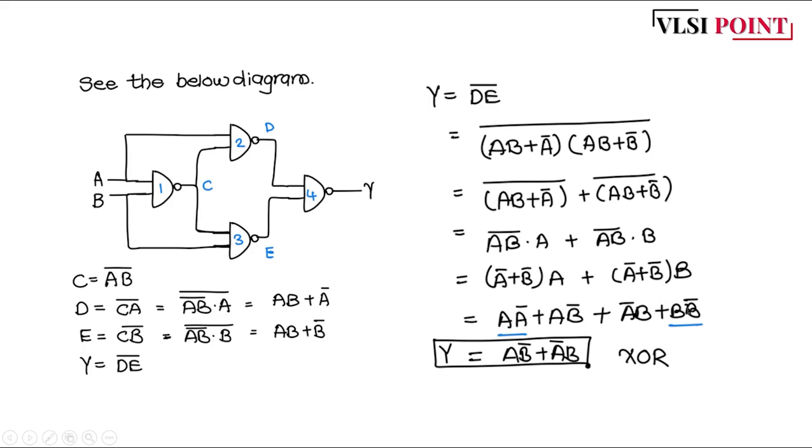B into B bar is the same. So what is left is A B bar plus A bar B. So Y equals AB bar plus A bar B is the solution. It is nothing but the XOR gate. So basically we can implement the XOR gate using NAND gates. The minimum number required is 4. So at least 4 NAND gates are necessary. So option A is our answer.